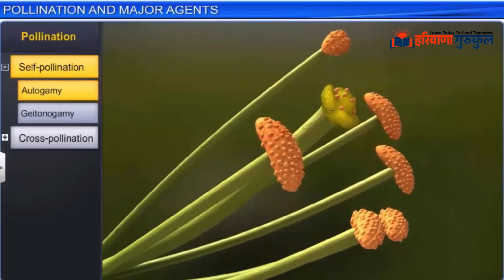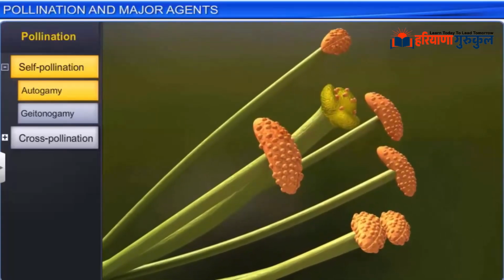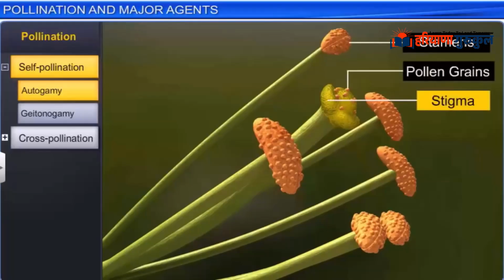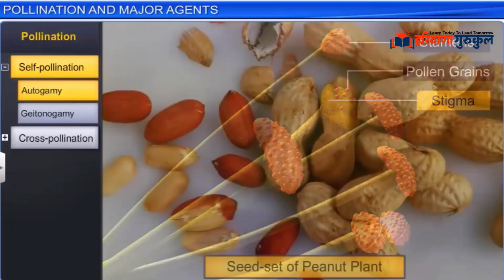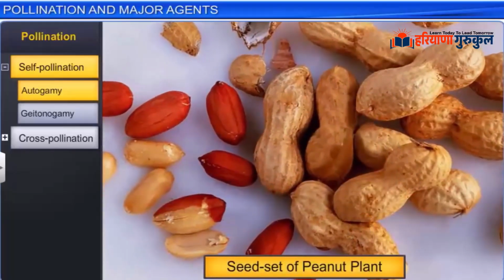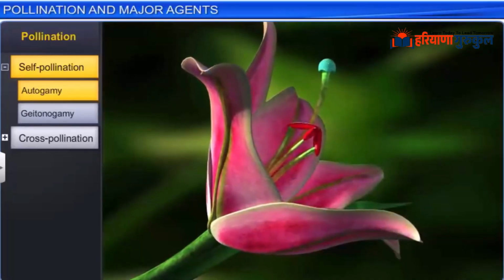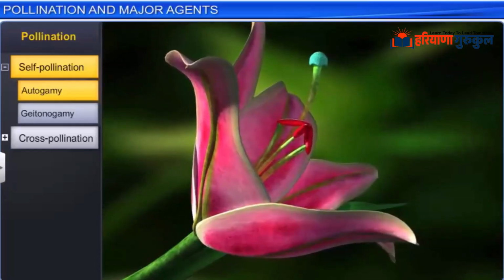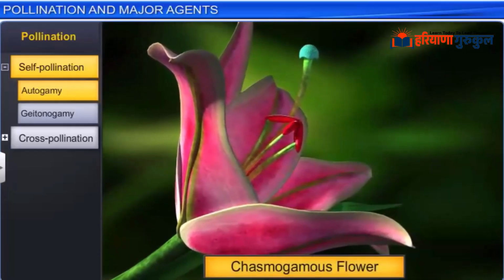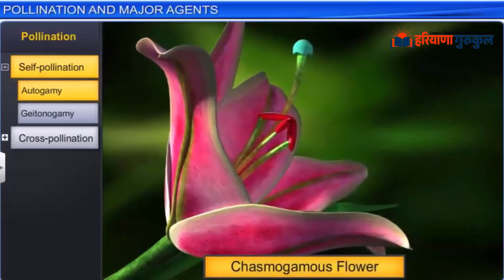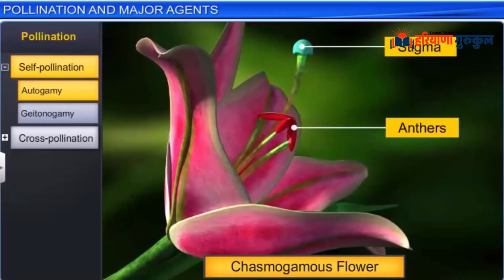When anthers dehisce, pollen grains get deposited on the stigma, which ensures the production of seed sets even in the absence of pollinators. Autogamy, however, is rare in chasmogamous flowers, which open and expose their anthers and stigma, as it requires synchrony between pollen release and stigma receptivity.